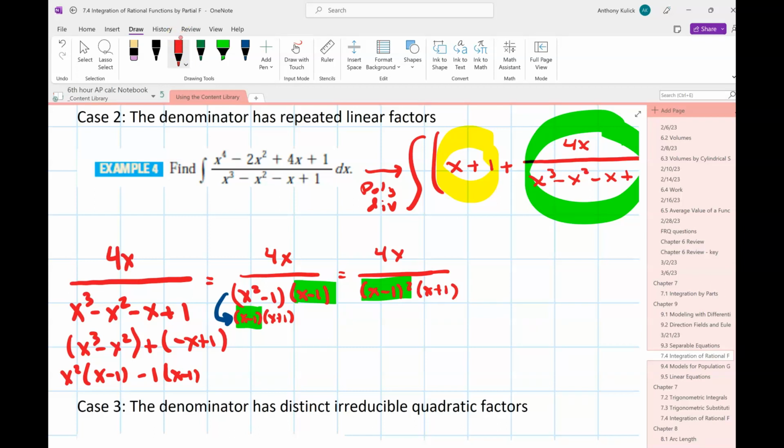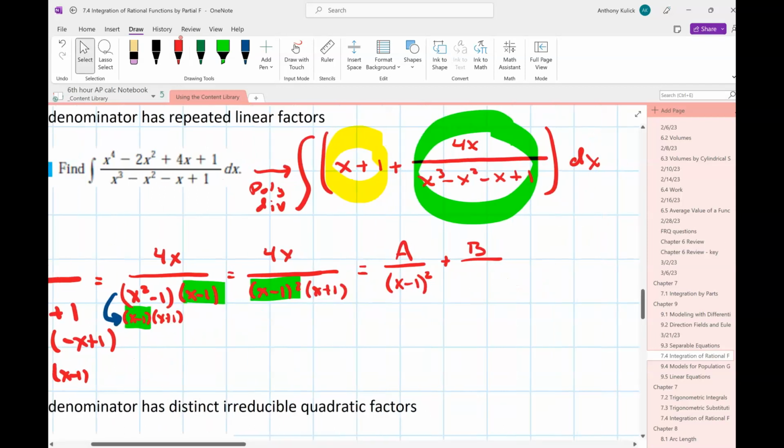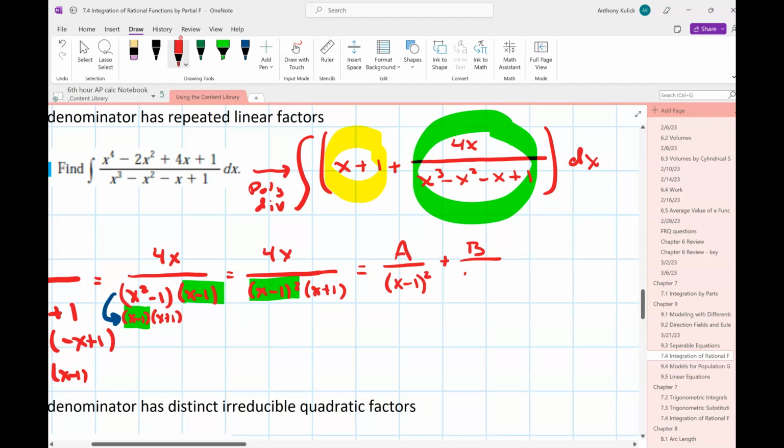So now I'm going to do my partial fraction decomposition. So what do I have here? X minus 1 squared, okay. And my next one, x plus 1, okay. And my last one is x minus 1 to the first.